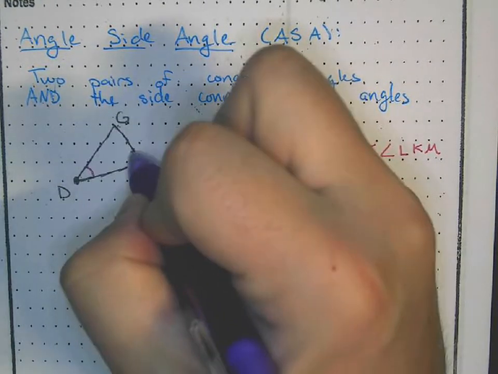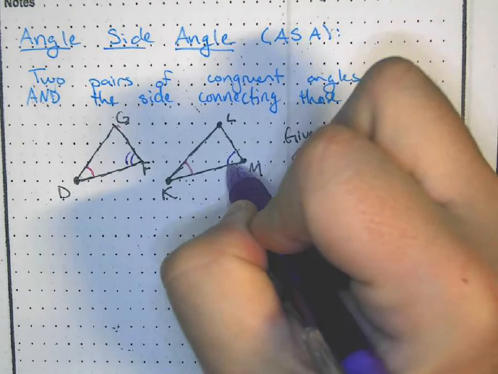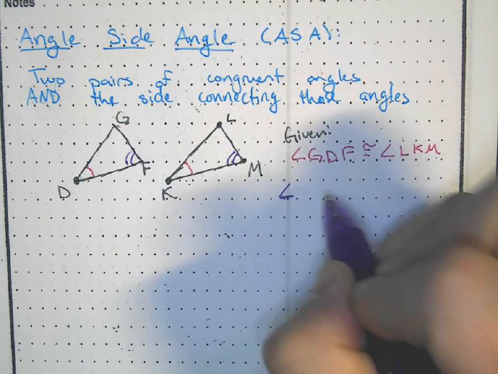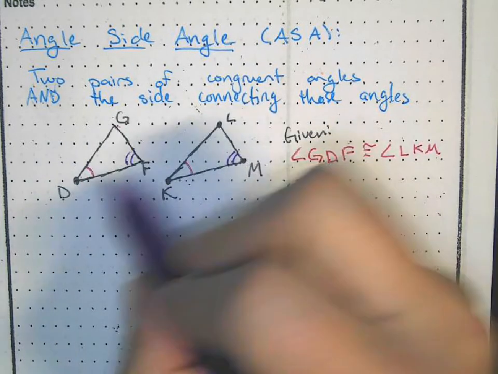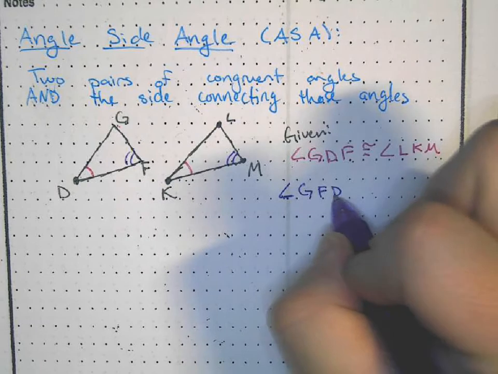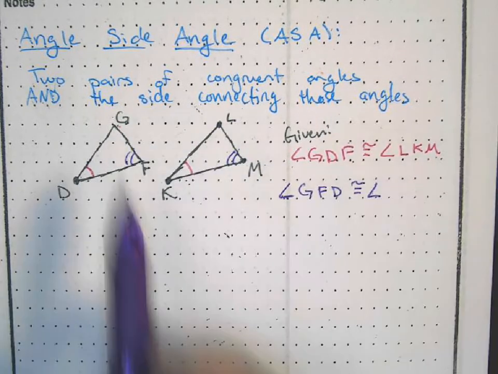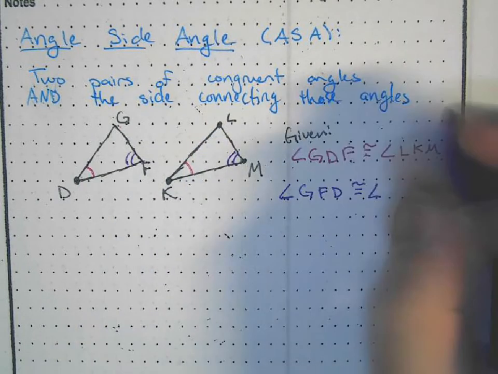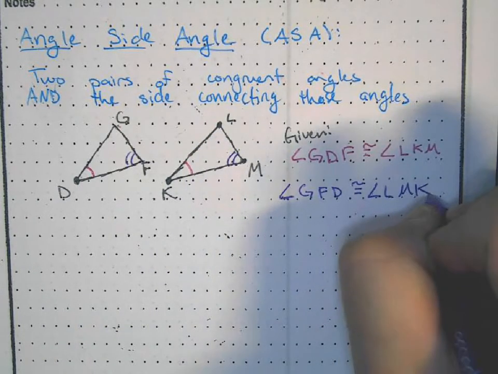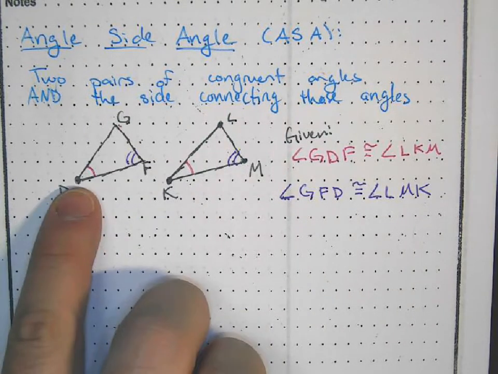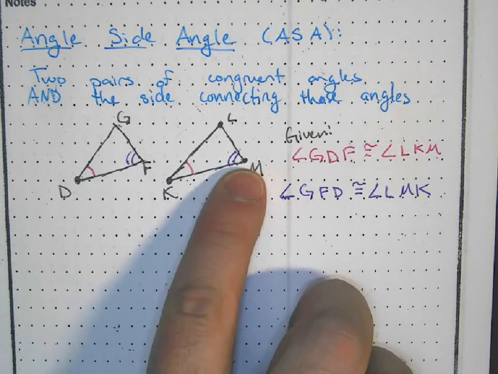And then we'll say that these angles are congruent. So I can say angle GFD is congruent to angle LMK. And now we have our two pairs of congruent angles.